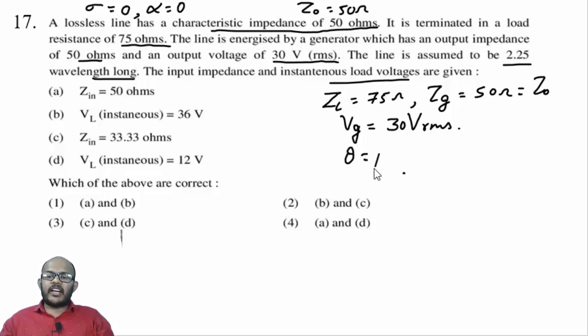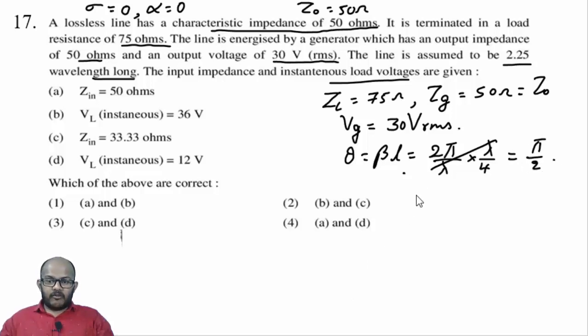If I am calculating theta, which equals beta L, where beta equals 2 pi divided by lambda, and L equals lambda by 4, what you will be getting is pi by 2. And one more thing, how can I define Zin? It equals Z0 square divided by ZL.